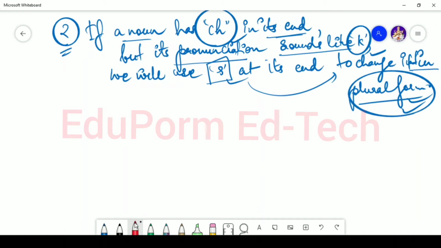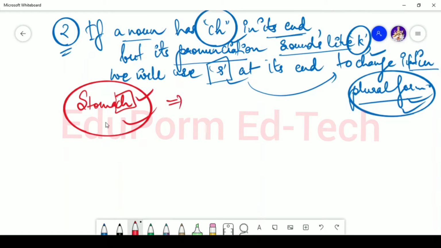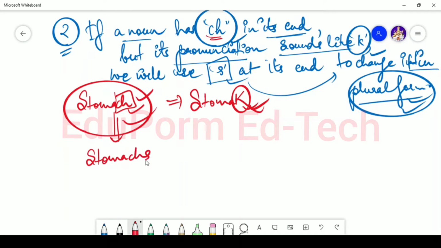Let's say for example, if you are calling stomach, although this word has CH at its end, when you pronounce it, it sounds like K. And what the above sentence says to us is, if a noun has CH at its end but its pronunciation sounds like K, we will use S at its end. Okay, so what will be the plural form of stomach? It will be stomachs. Got it?